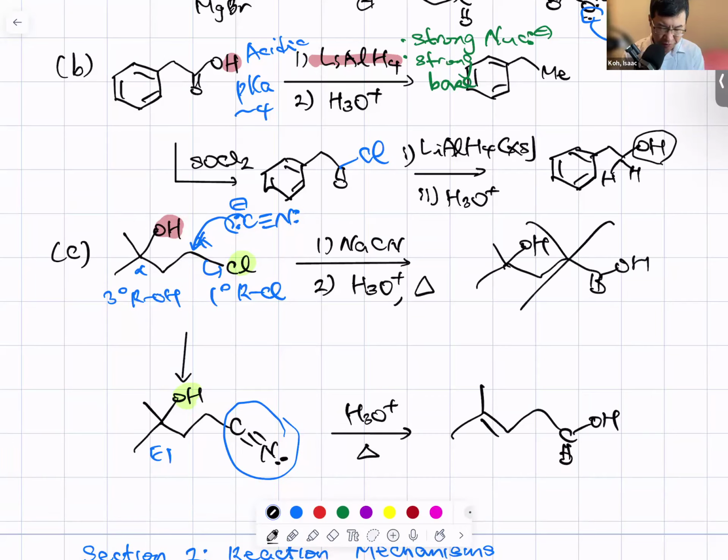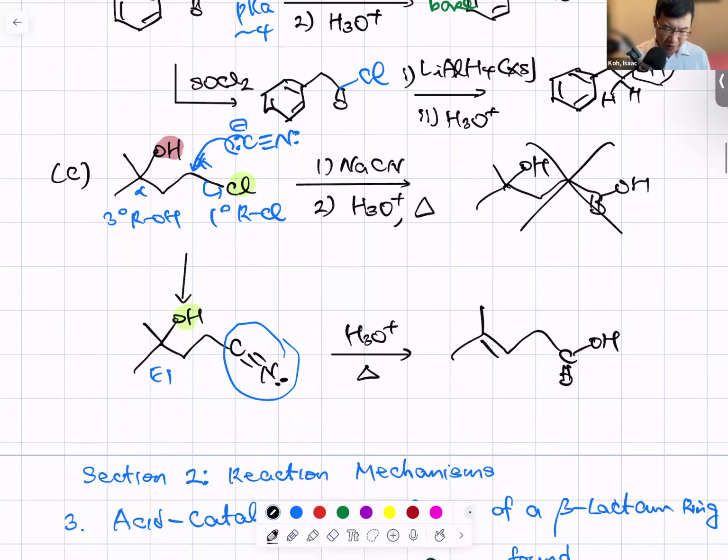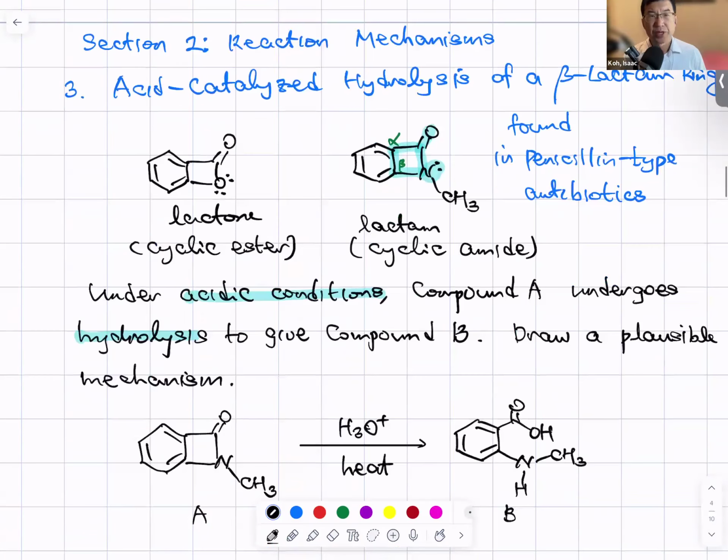We cannot achieve this transformation. In order to achieve this transformation, we have to protect the hydroxyl group using trimethylsilyl chloride, those things. Okay. Anyway, so let's move on to reaction mechanisms.